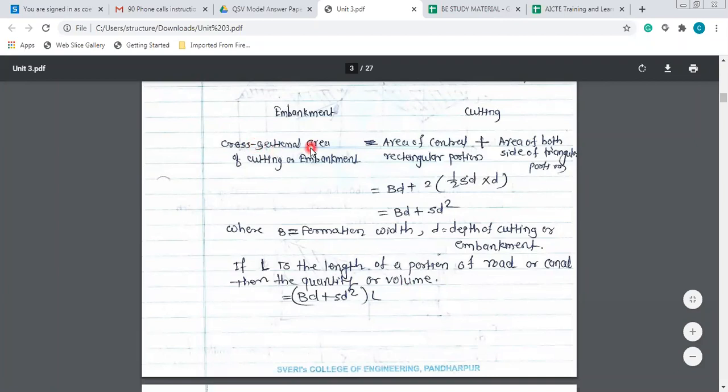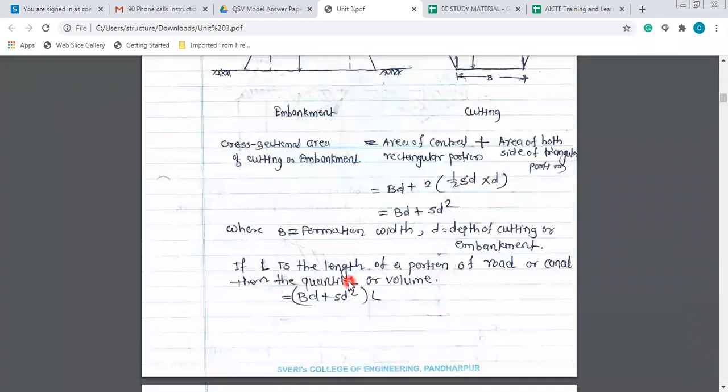So cross-sectional area: if you calculate the volume, then for the volume we require the length, and the formula becomes area multiplied by length. We will get the total volume.